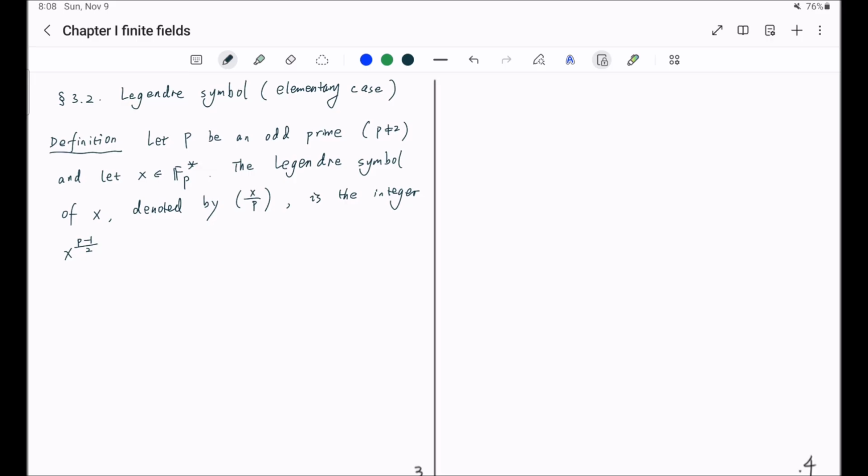And it has only two values, plus or minus 1, from the discussion in the previous section. From here, the Legendre symbol is defined for all the non-zero elements in Fp star. And we can naturally extend this to all of Fp by setting that 0 over p is just 0.